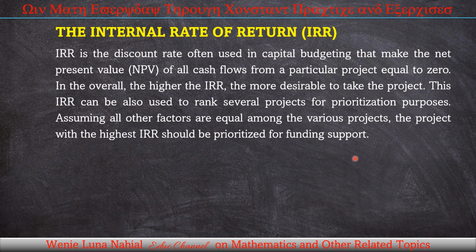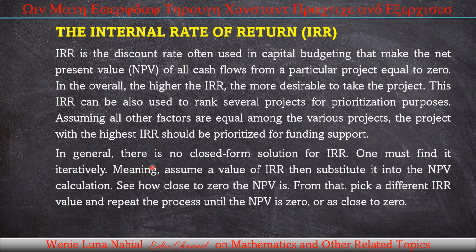So there's a need for us to really understand what to do given a particular situation. So this one is another way of knowing if the project will bring in more money or more profit in our business. In general, there is no closed form solution for IRR.